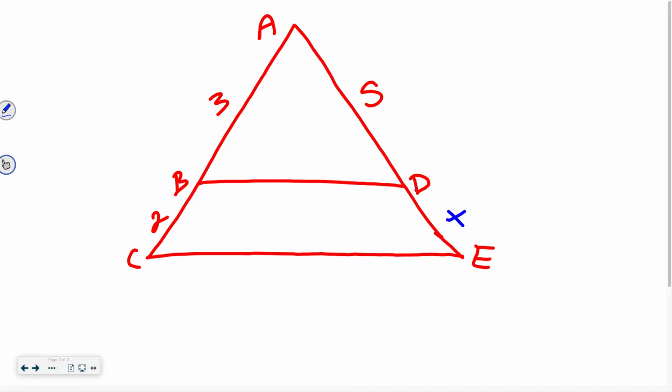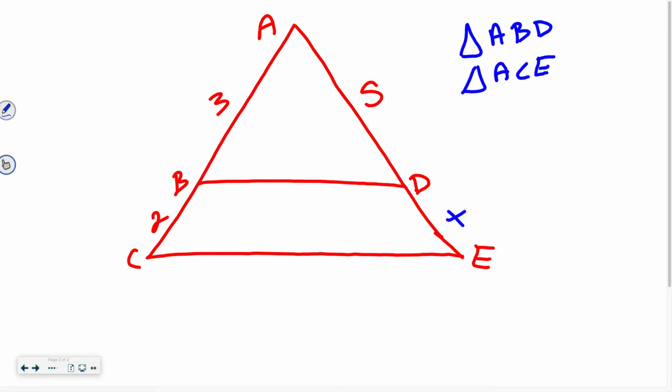So here, let's notice what is happening. I can see that there are definitely two triangles. I have triangle ABD. I also have triangle ACE. Okay, two triangles. Now I'm comparing the corresponding sides. Remember, be careful here.